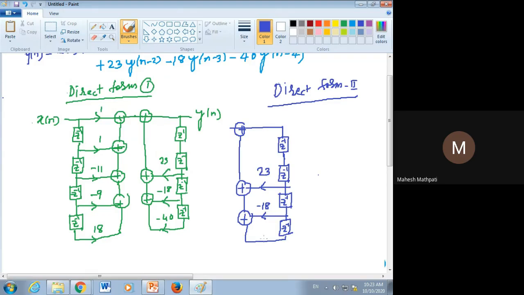Sometimes the students will write y of n here. So don't do that. If you write y of n on the input side, the complete meaning is going to change. So be careful on that part also. X of n or y of n as it is you have to write. The only thing we need to change is the diagram part.